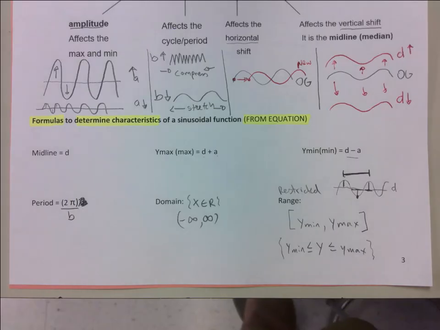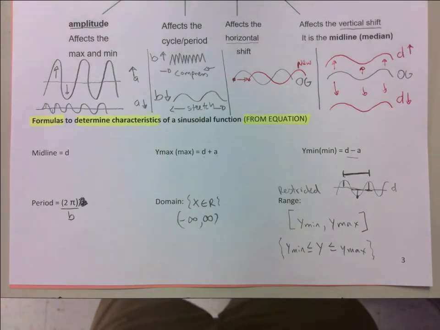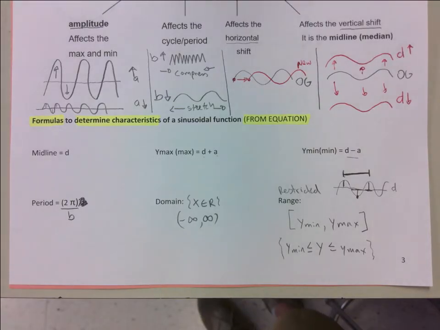So I will tell you this. Sinusoidal functions, guys, if you have the equation, you technically don't need to graph anything. You don't even need to type this into your calculator to find out the basics. You should be able to just get it straight from the equation.